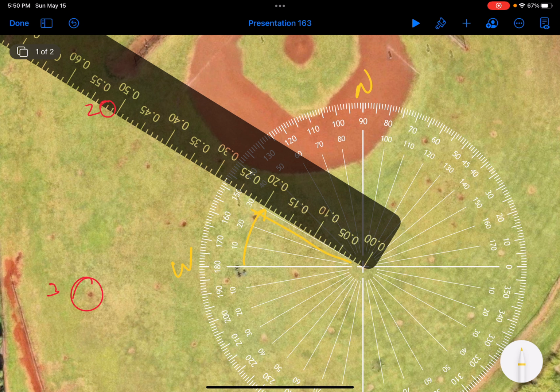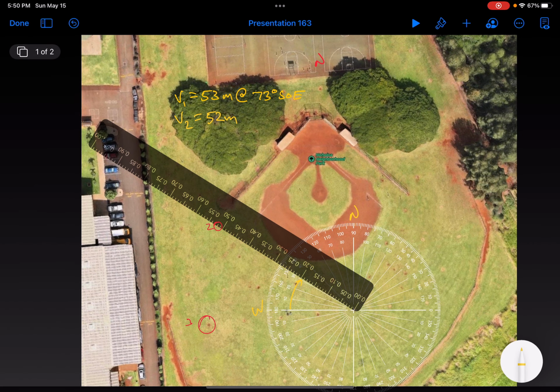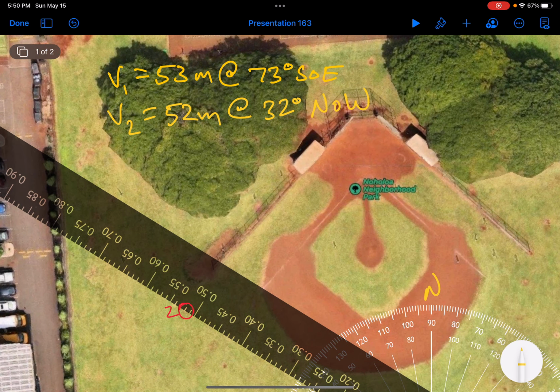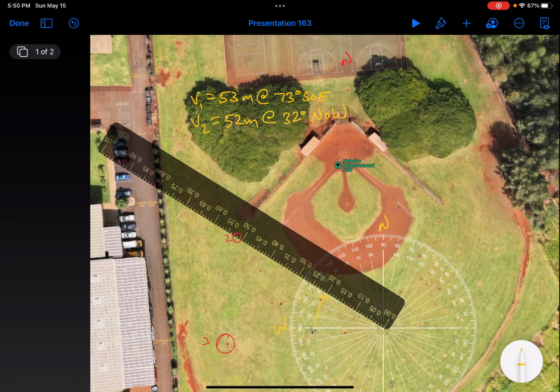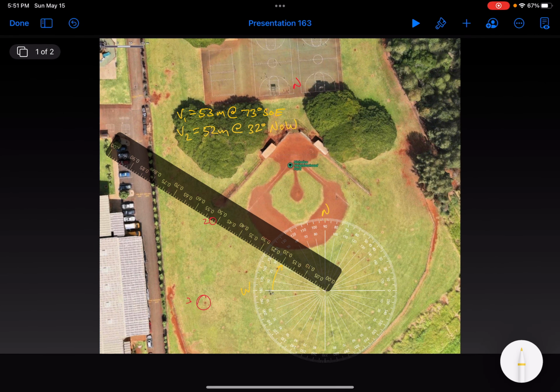And so we're going now that direction. What is that direction? How many degrees north of west? So it's 10, 20, 30, 31, 32, we'll say. All right. At 32 degrees north of west. That's N-O-W, north of west is what that means right there. Okay. And so that's our second sprinkler head.